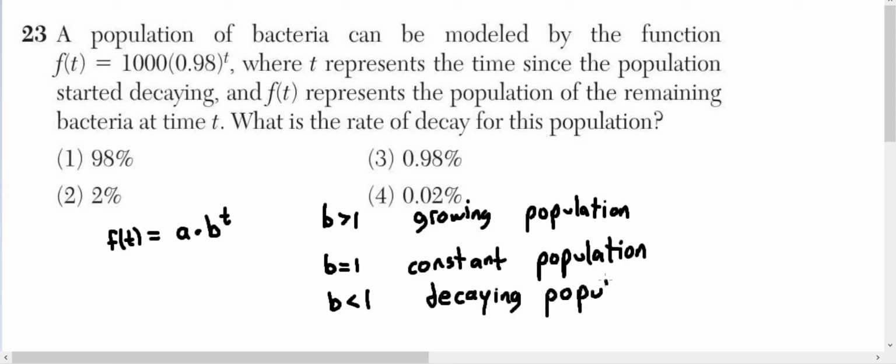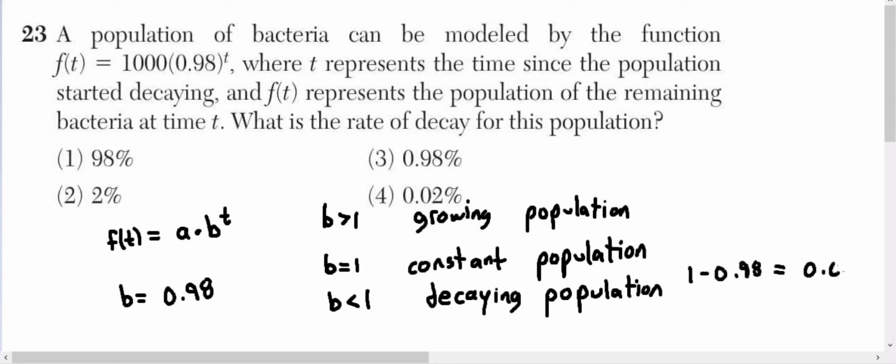So this is pretty much confirmed by the fact that b, in our case, is equal to 0.98. And now the secret to this is really just saying the amount less than 1 is the rate of decay. So, for example, we have 0.98, which is how far away from 1?